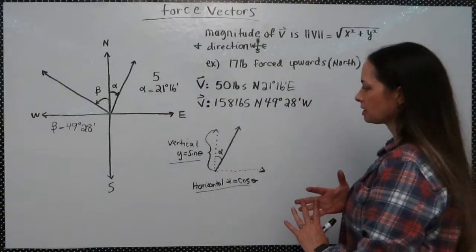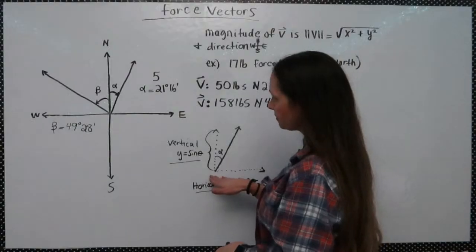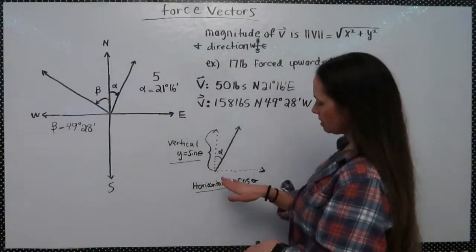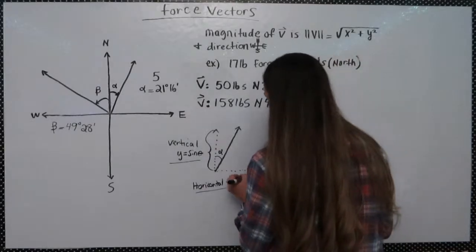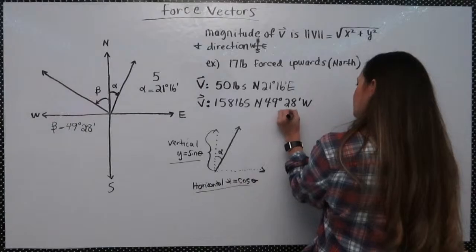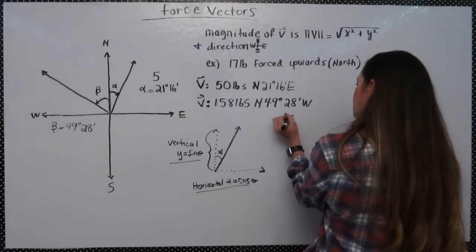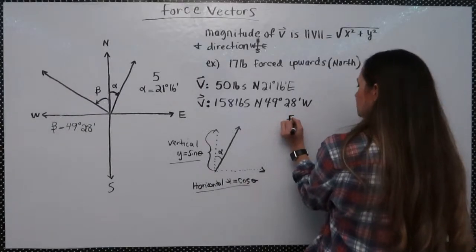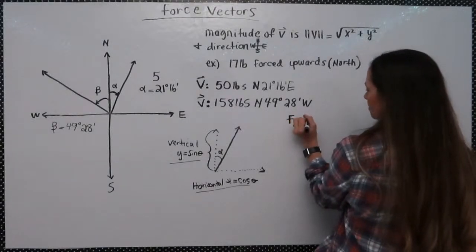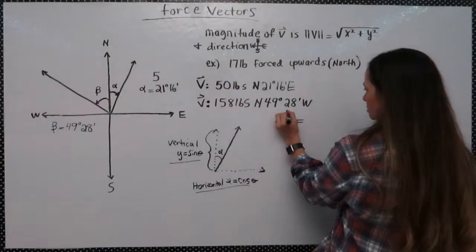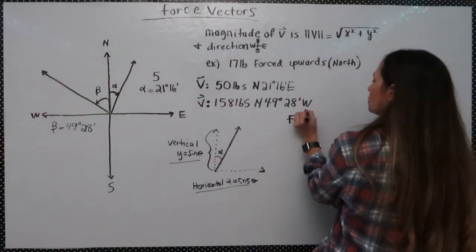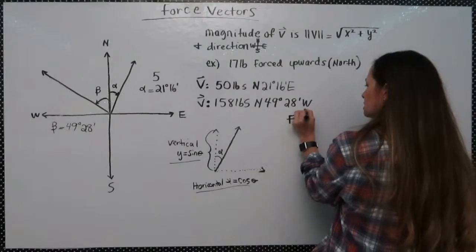So I'm going to split both of them up using this fact, y is sine theta and x is cosine theta, and this fact that the force, it's kind of like F equals ma, but for vectors, is going to equal the magnitude of the vector.